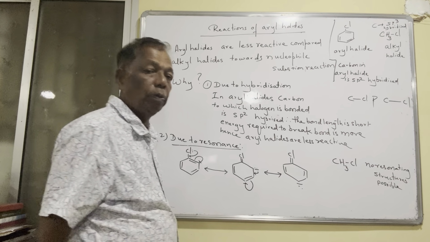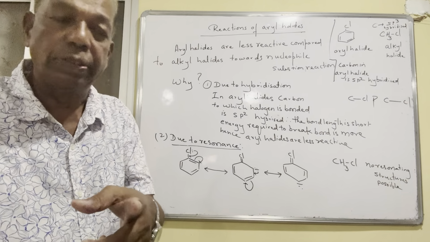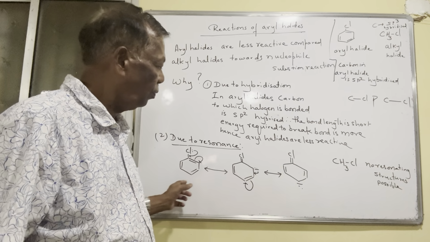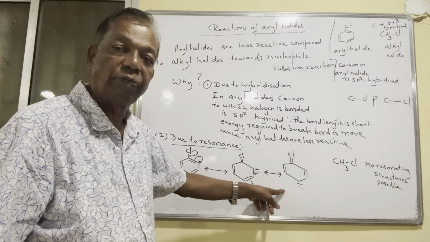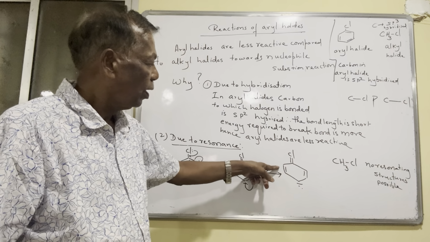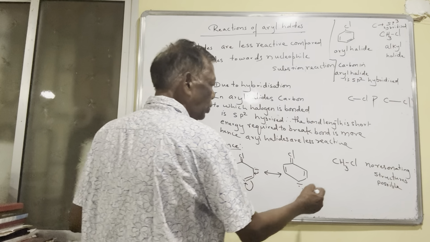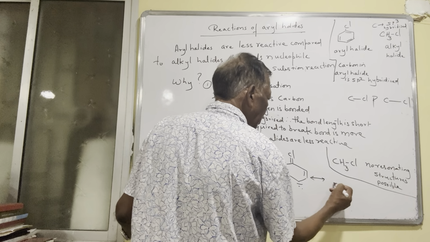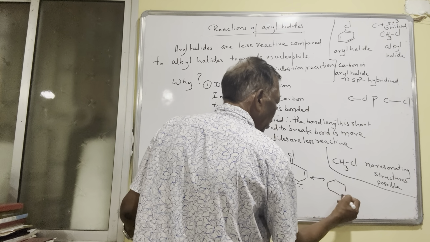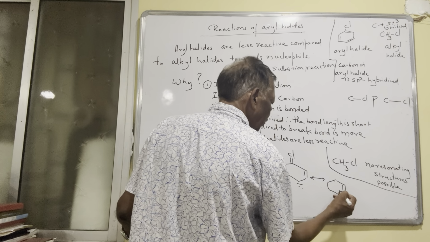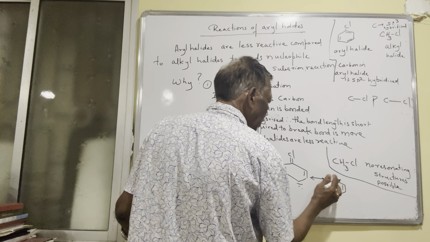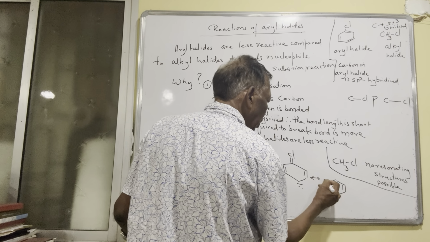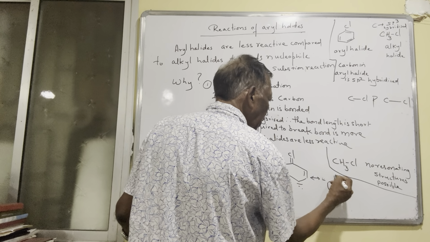So when there is resonance, there will be more structures I can write. If you want, I can show that also. Here is another resonating structure, so that you can know how the bonds are formed. There is an electron here and the double bond as it is.